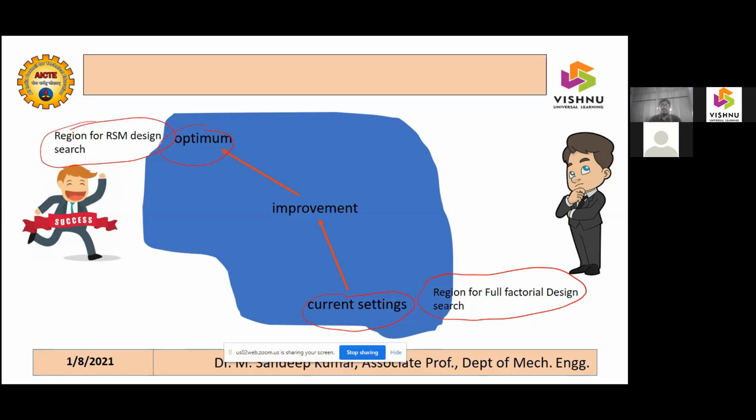How good do you want your search to be? Do you want to cover all the areas, or narrow it down to one area and try to find an optimal value in that area? That is where RSM comes into place. We can't disagree that each and every technique or design has its own importance. Now let us see this.